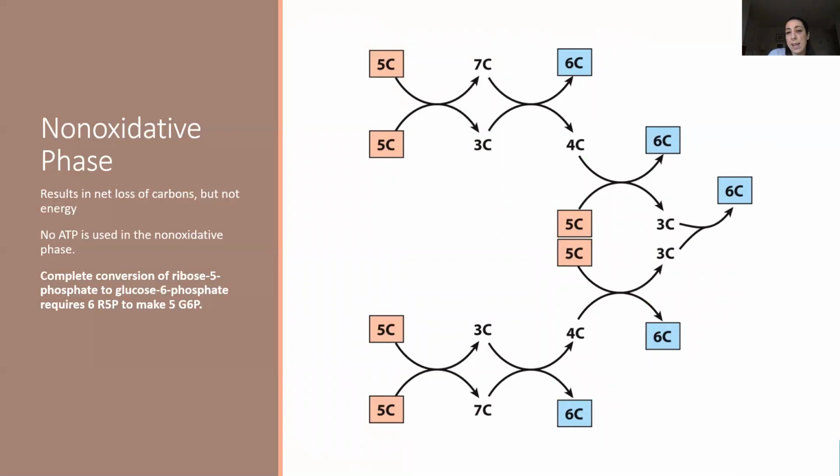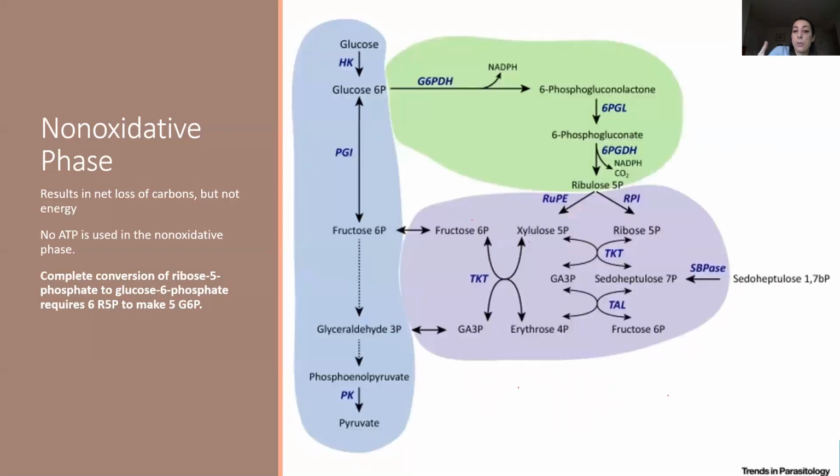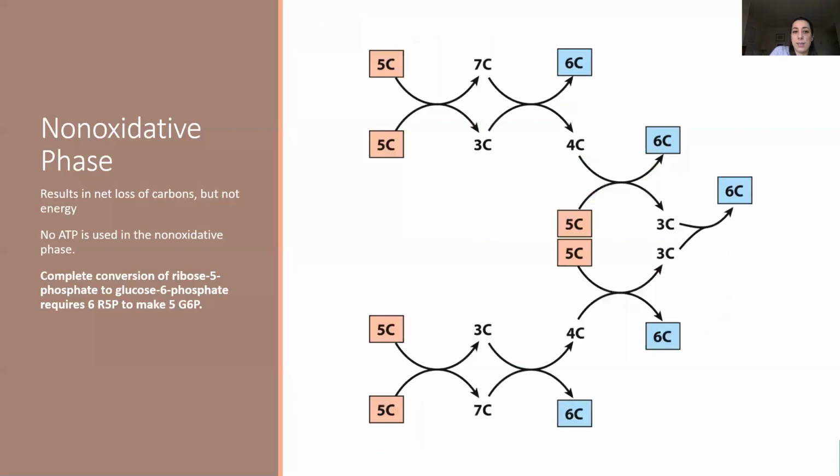It does not use ATP, which is nice, although when you feed it back into gluconeogenesis, remember, steps of gluconeogenesis will use ATP. So part of generating that glucose 6-phosphate potentially uses ATP. But these steps here do not utilize ATP. And it is a complete conversion of ribose 5-phosphate to glucose 6-phosphate, ultimately generating glucose 6-phosphate if needed.